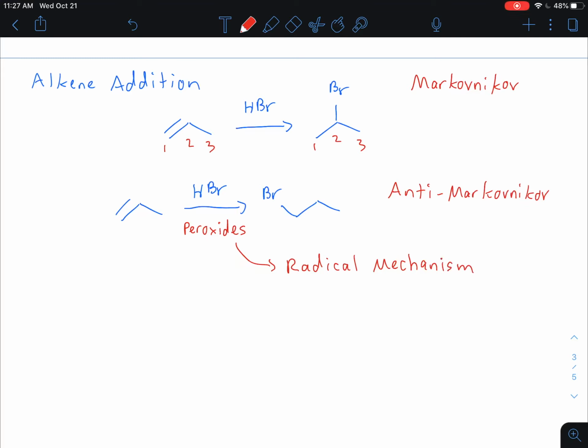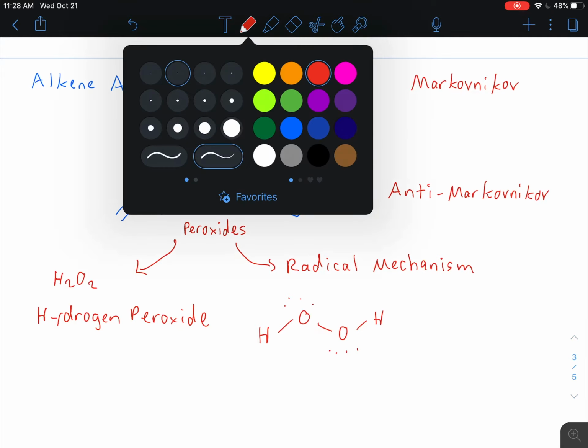So a lot of times when we expose substances to oxygen, we'll start to have some peroxides that form. The peroxide you know probably the best would be H2O2, which is hydrogen peroxide. And if we look at the structure of that molecule, let me fill in the lone pairs, that's what hydrogen peroxide looks like.